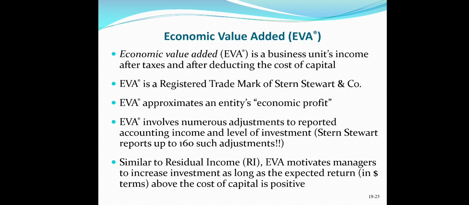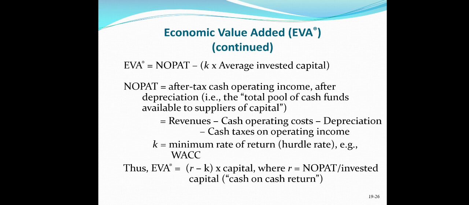Similar to residual income, EVA motivates managers to increase investment as long as the expected return in dollar term above the cost of capital is positive. So this method has some similarity with the residual income method. Okay, how to calculate the EVA? EVA equals NOPAT minus K times average invested capital.